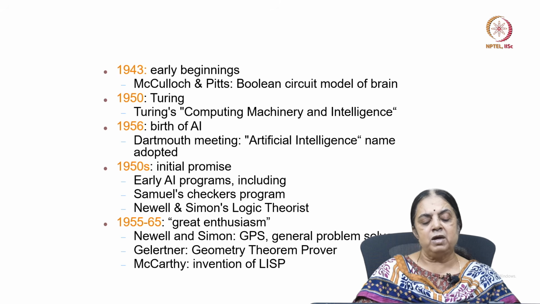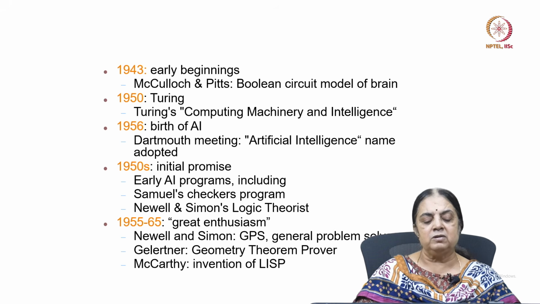And what happened is that in 1955 to 65, like I've written, there was a lot of enthusiasm, and people thought that, wow, we can do a lot of things using AI. We can even find new theorems and do a lot of things.